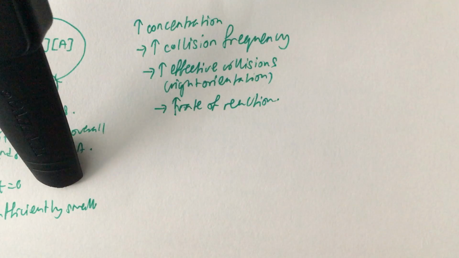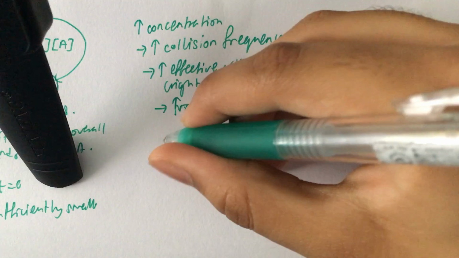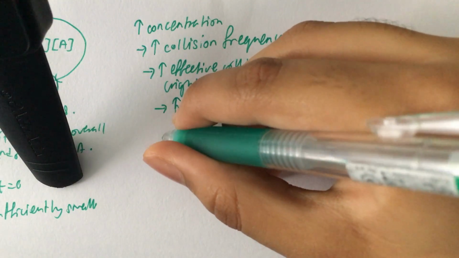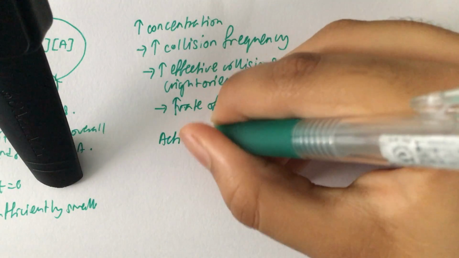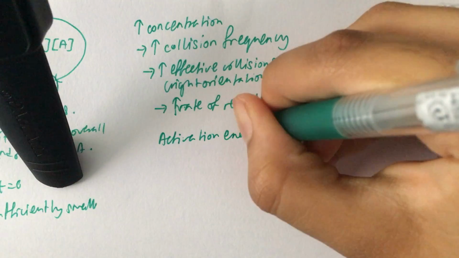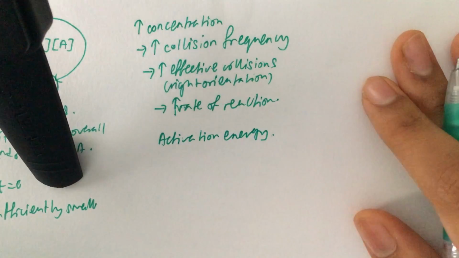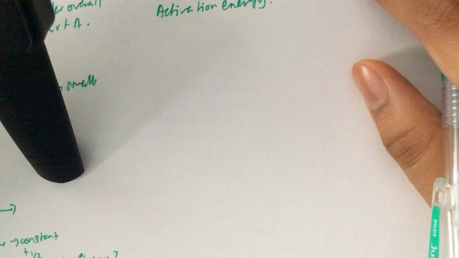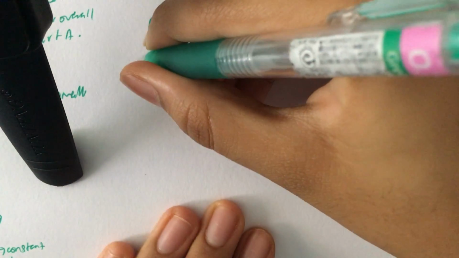Now we will look at what activation energy means using the Boltzmann distribution. Activation energy, as we have learned many times, is the energy required to kickstart the reaction. The Boltzmann distribution is a graph which shows the overall energy of all of the particles in the solution or the reaction.